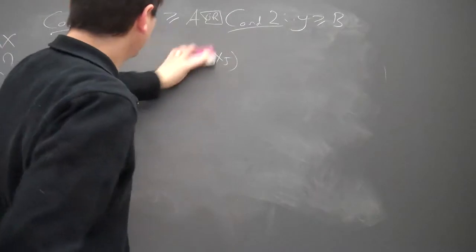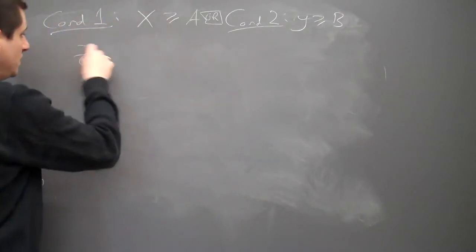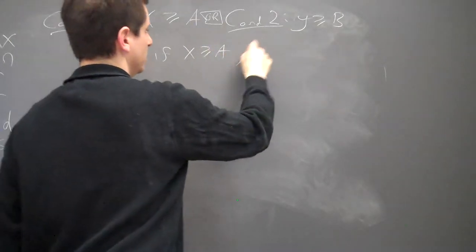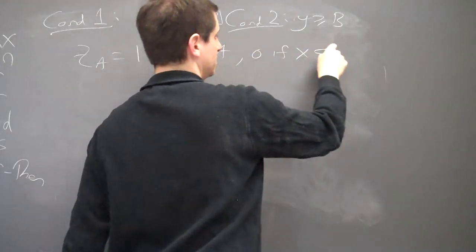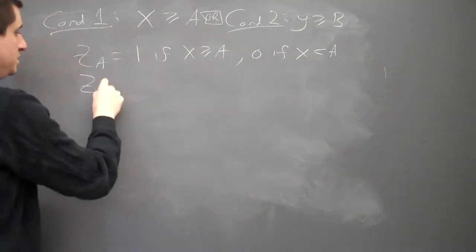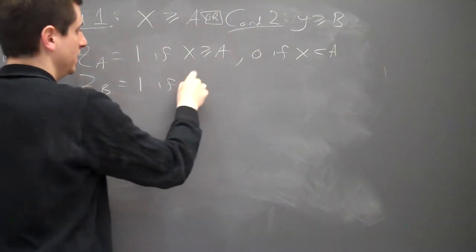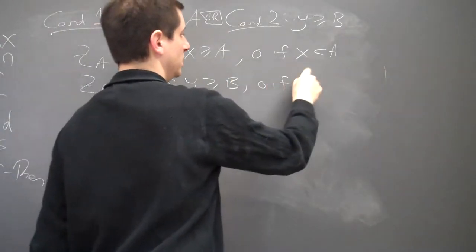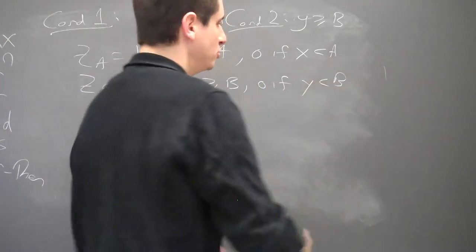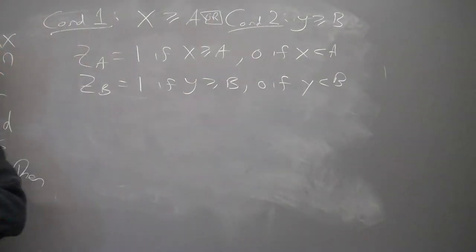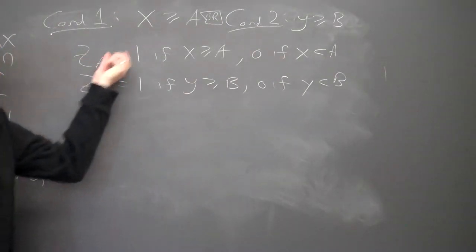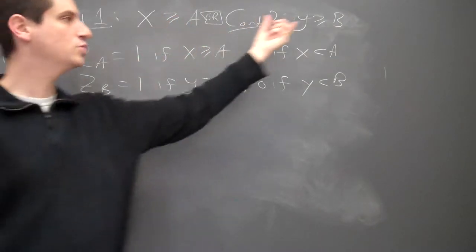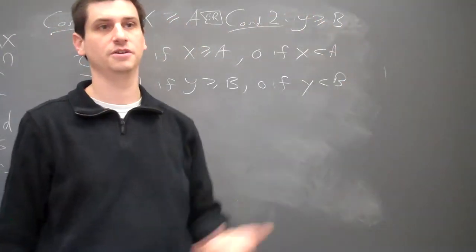So what I could do is maybe I'll have ZA equals 1 if x is greater than or equal to a, and 0 if x is less than a. ZB equals 1 if y is greater than or equal to b, and 0 if y is less than b. So imagine I could do that. So now ZA equals 1 if this condition is satisfied. ZB equals 1 if this condition is satisfied.